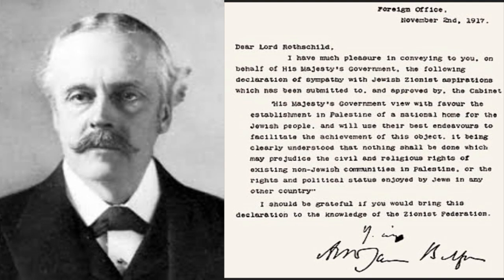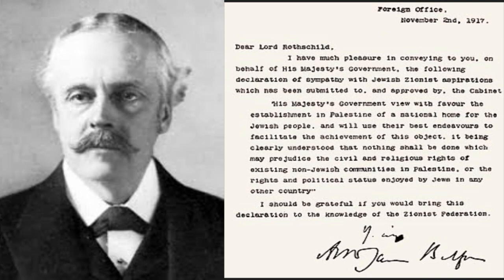His Majesty's government view with favor the establishment in Palestine of a national home for the Jewish people and will use their best endeavors to facilitate the achievement of this object, it being clearly understood that nothing shall be done which may prejudice the civil and religious rights of existing non-Jewish communities in Palestine or the rights and political status enjoyed by Jews in any other country. I should be grateful if you would bring this declaration to the knowledge of the Zionist Federation.